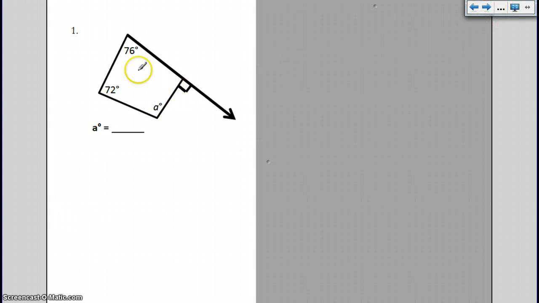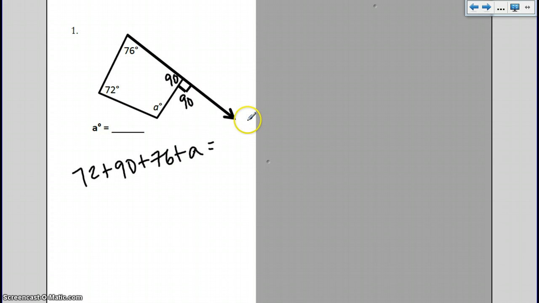So let's see, I have to find the angle A, and I know this is 90. Well, if I know the exterior angle is 90, the interior angle is 90, well, 72 plus 90 plus 76 plus A gives me, what in the world would it equal to?